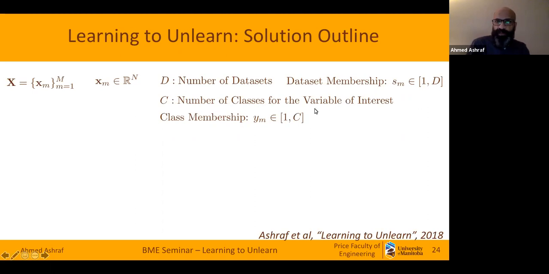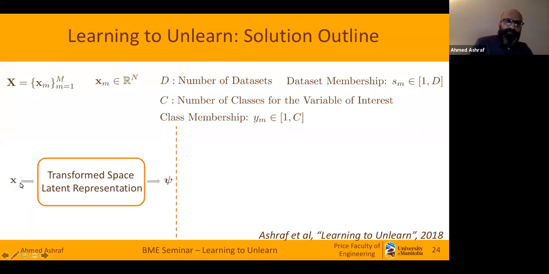And as far as our variable of interest goes, maybe it's a classification problem, and the number of classes for the variable of interest is C. And of course, we have got access to the ground truth labels, and that's our objective, to learn models that can predict this class membership.